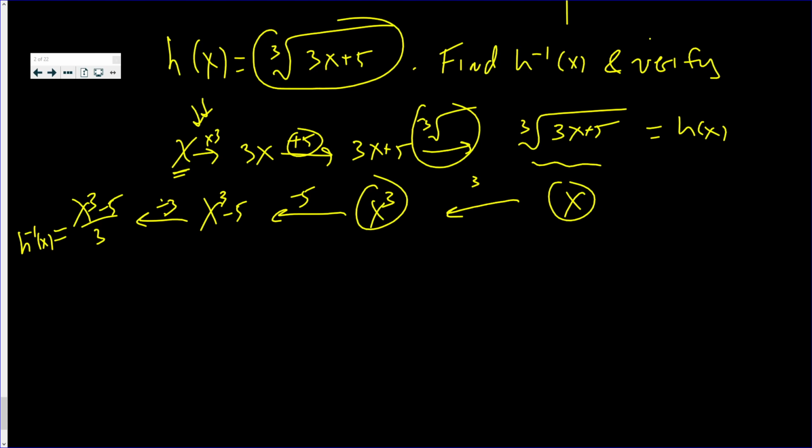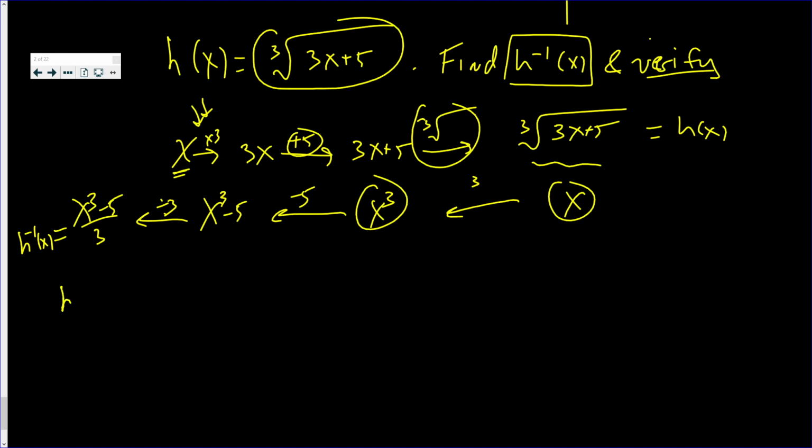Okay, so unless we made some mistake, we found h inverse of x, and you know, maybe somebody doesn't believe you. They say, nah, I think it's something else, or I think you made a mistake. So you verify it.